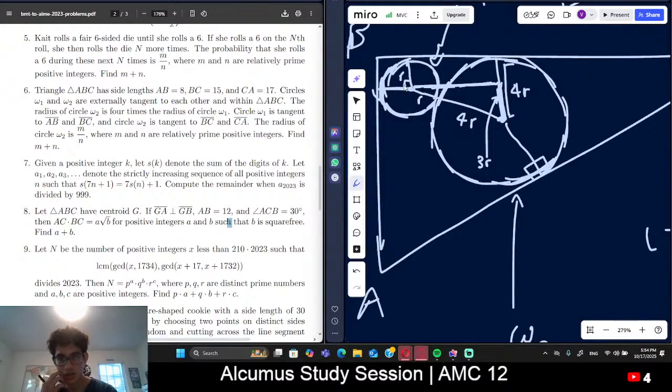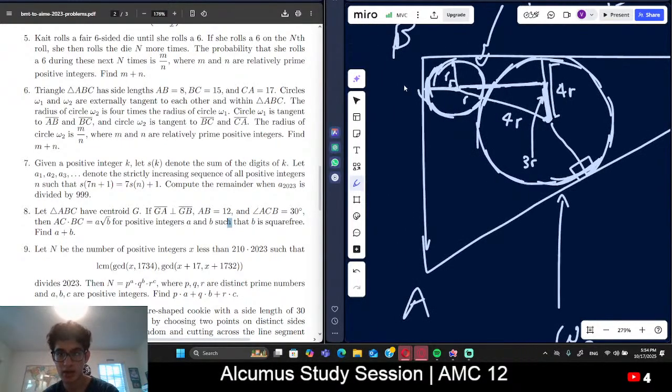And if that's the case, we know that it's a square because they're all right angles. Oh, no, that's not true at all. It's a rectangle. This is going to be R, this is going to be R, this is going to be 3R, and no, sorry, that's also R. Oh yeah, no, it is a square, my bad. This is also R.